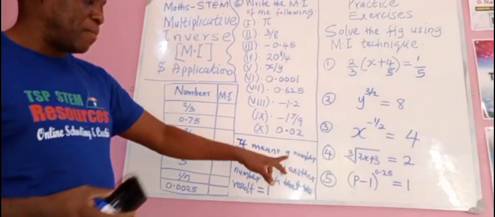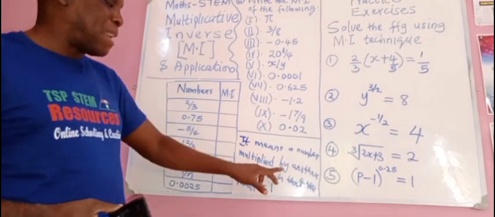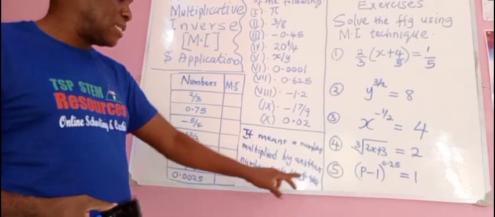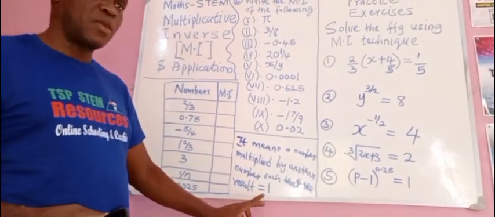It means a number multiplied by another number such that the result is 1.